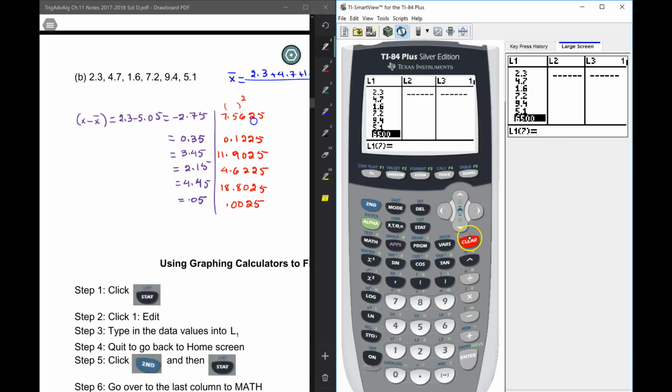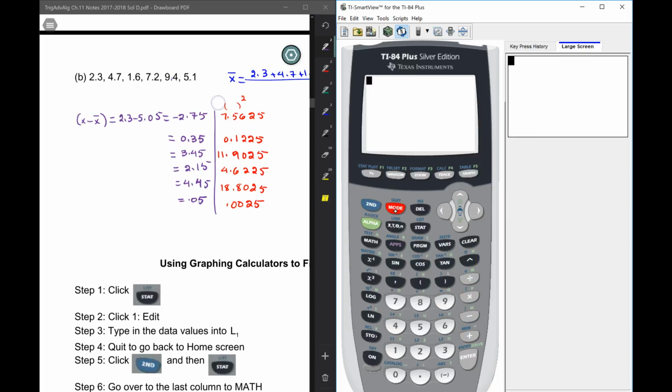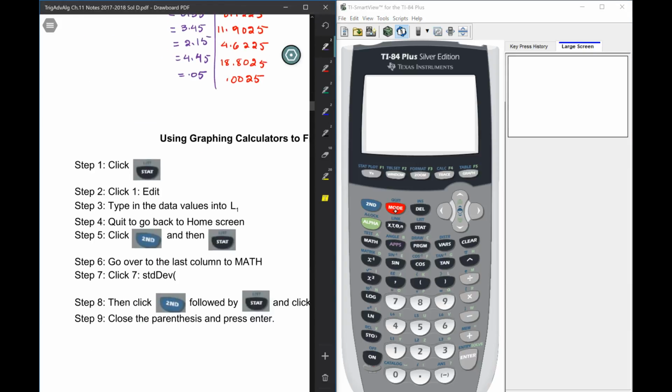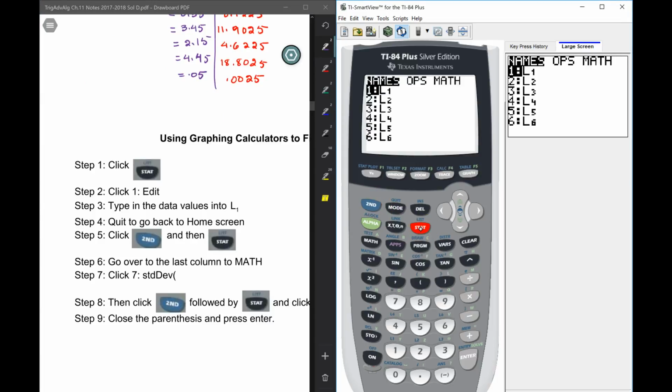And I need to clear these. Okay, so here we go. Okay, go back to the home screen. So second quit, right? This is the home screen. Now we're going to do second stat.